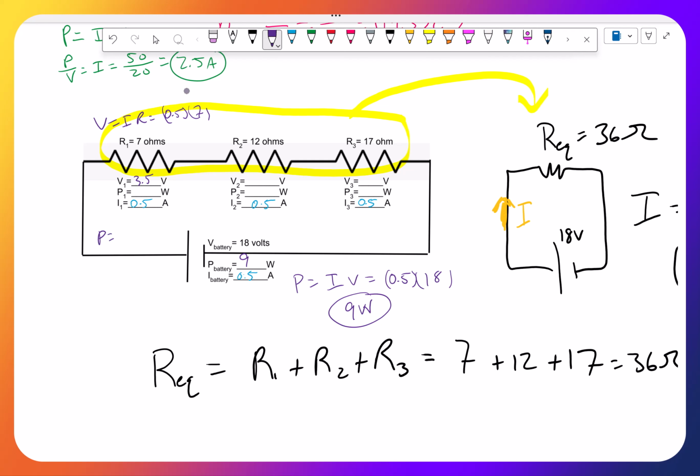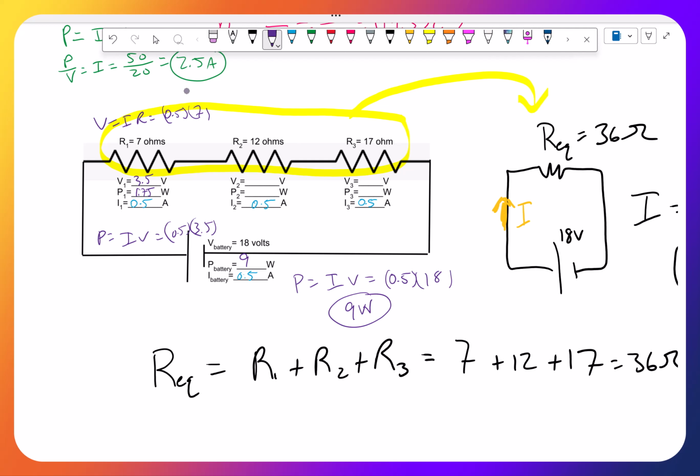And then the power is going to be the current multiplied by the voltage, which is going to be 0.5 times 3.5, and I'm not 100% sure what that comes out to. 3.5 times 0.5, 1.75. So I think that's right.